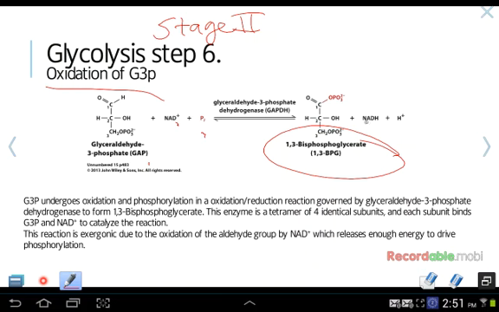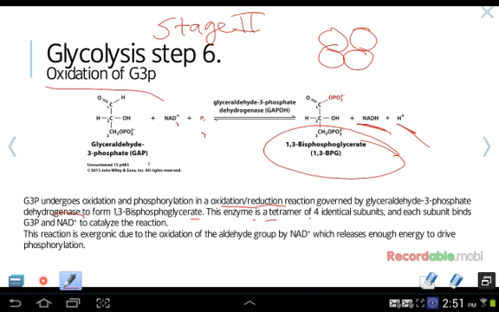This is also going to produce, as a side product, NADH, the reduced form, as well as an acidic proton. So again, G3P undergoes oxidation and phosphorylation in an oxidation-reduction reaction governed by glyceraldehyde 3-phosphate dehydrogenase to form 1,3-BPG. This enzyme is actually a tetramer of 4 identical subunits, and each subunit can bind G3P and NAD to catalyze the reaction.